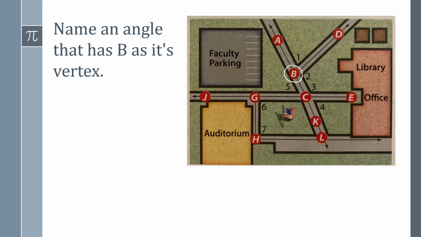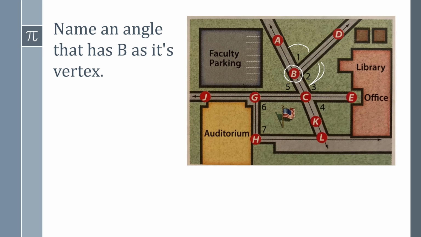All right, so let's discuss this. In this diagram, here's point B, circled. Well, I've got a number of angles. I have an angle right here, and I have this angle right here.